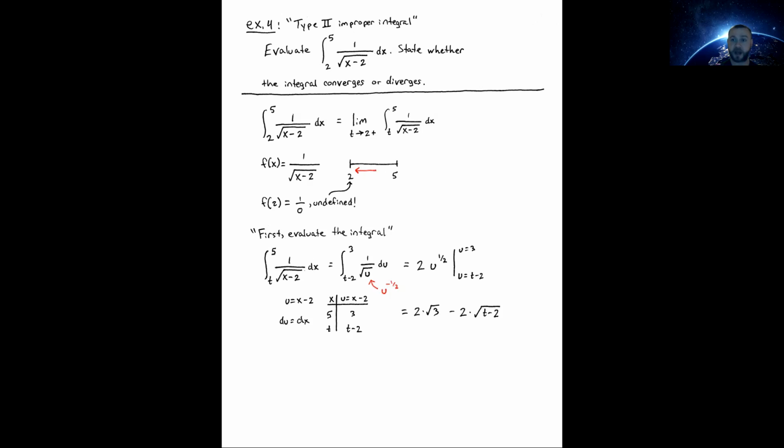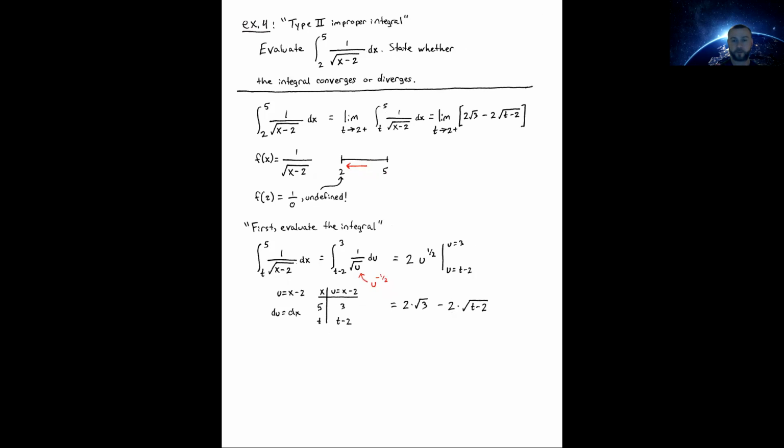Then we just plug in our new u limits, u equals 3 and u equals t minus 2. Think that the 1/2 power is a square root. Notice I rewrote the 1/2 powers as square root signs since they're a little bit more familiar and easier to work with. And if we go back to our integral up there, we evaluated the integral, now we can evaluate the limit.